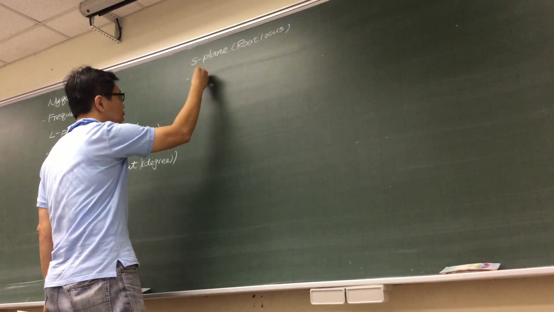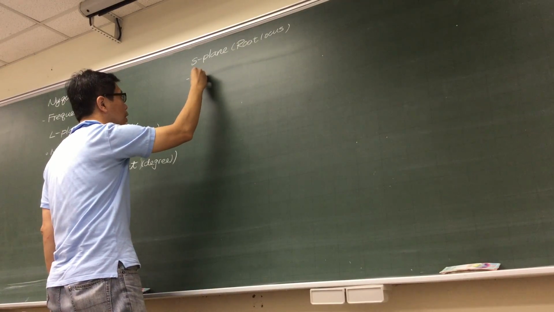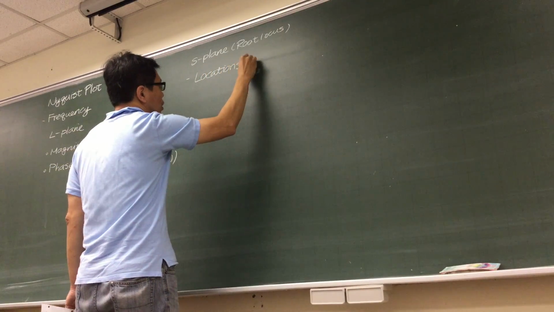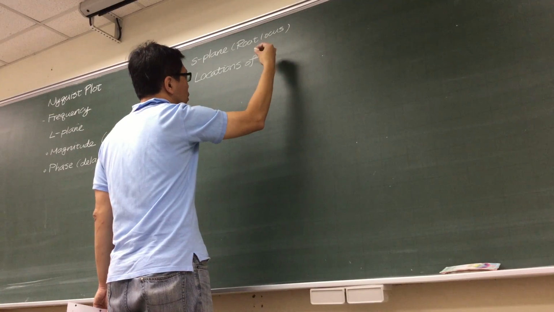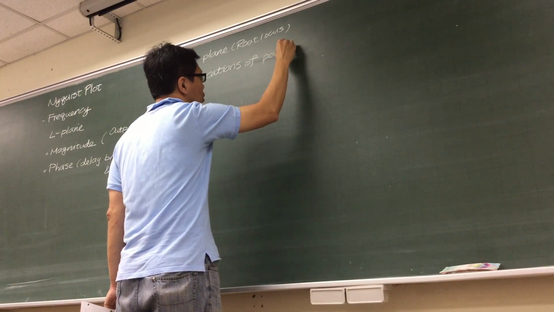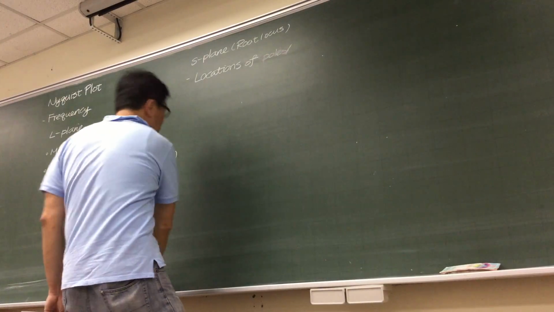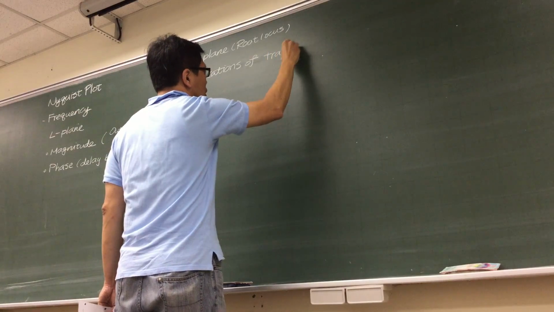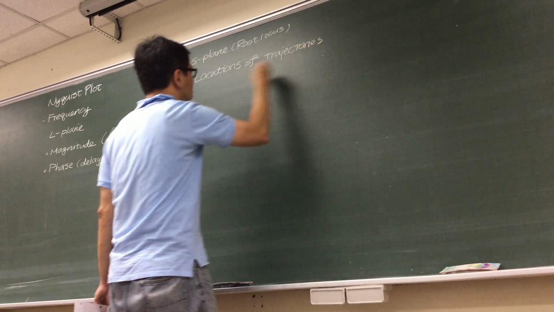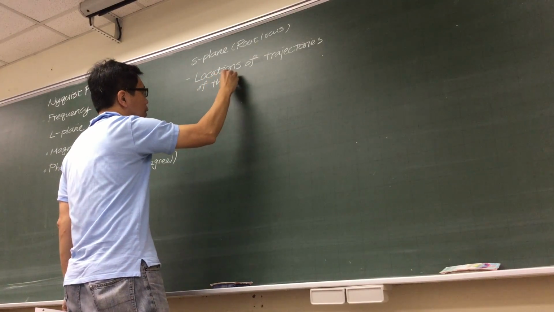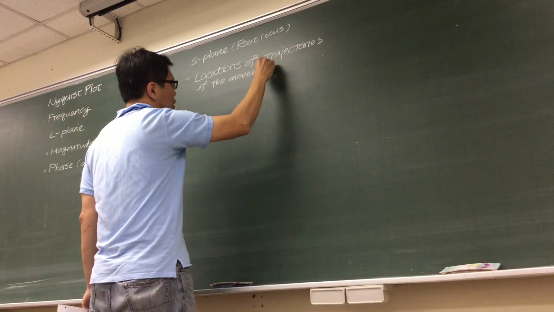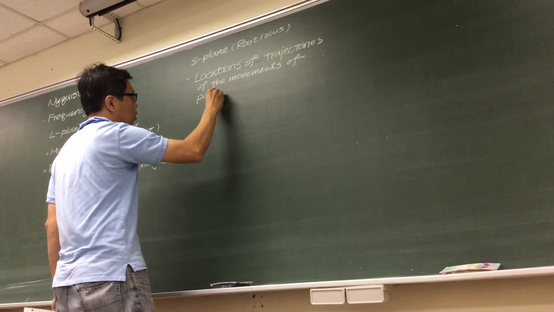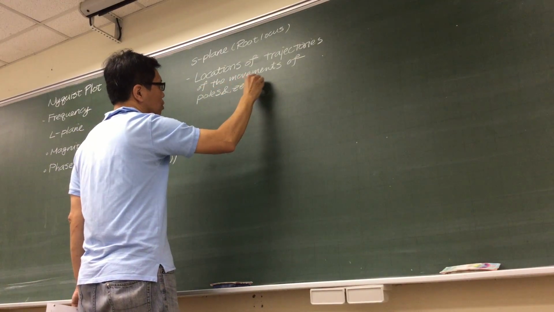We are drawing the position, locations, trajectories, movement of poles and zeros, right?